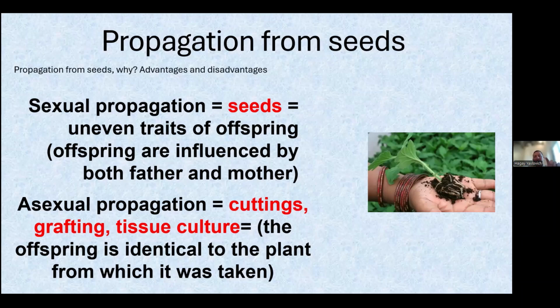This is like in orchards, where you want all the trees to be the same. This is good for orchards, but it's less good for forests, because if some insect attacks the forest, all the trees will die. This is why we prefer our forest to be made from seeds.